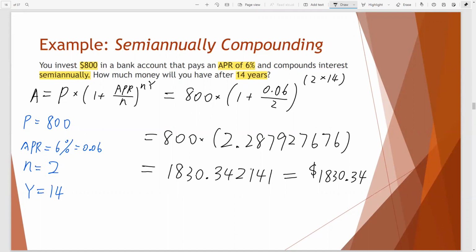The longer you invest, the higher the APR is, and the bigger the amount of payments annually you make, the bigger the compounding, and then it will yield a larger final balance.